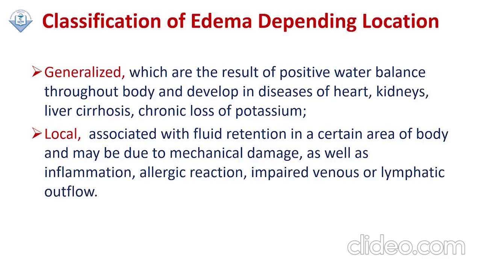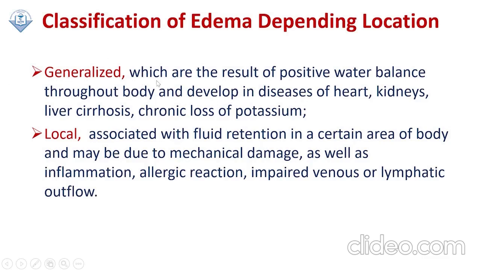Let's discuss classification of edema. Depending on location, it may be generalized, which is a result of positive water balance throughout the body, and develops in diseases of the heart, kidneys, liver cirrhosis, chronic loss of potassium. And second, it may be local.